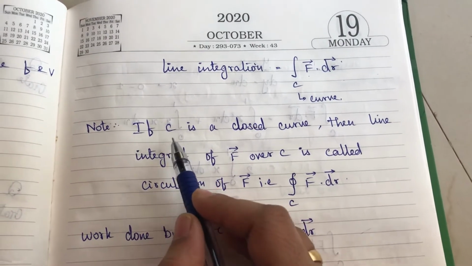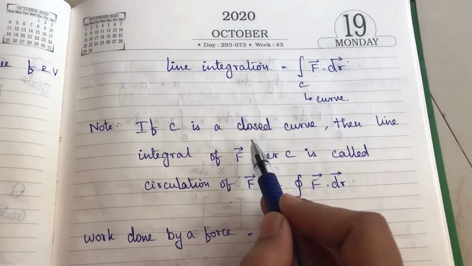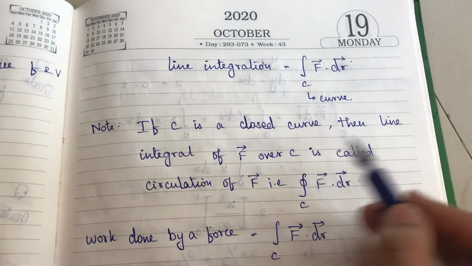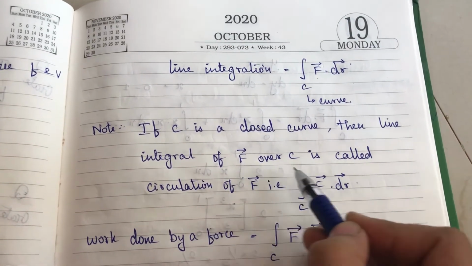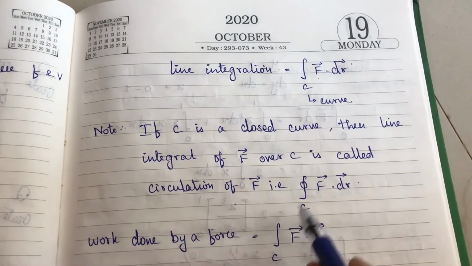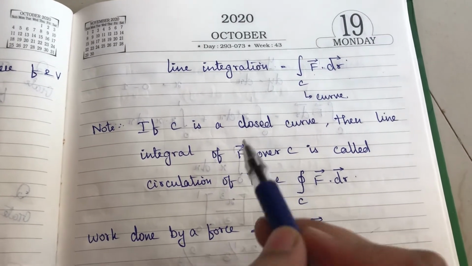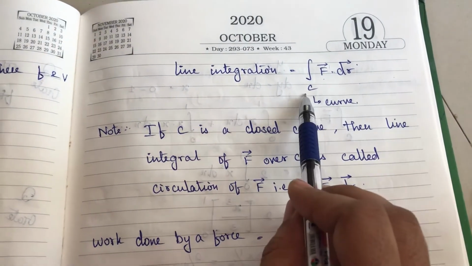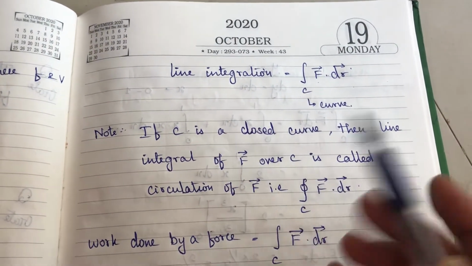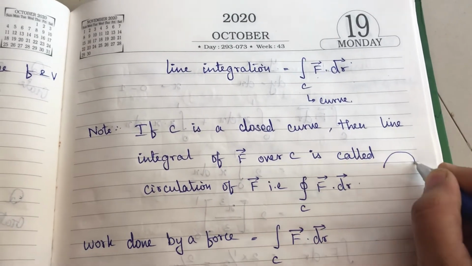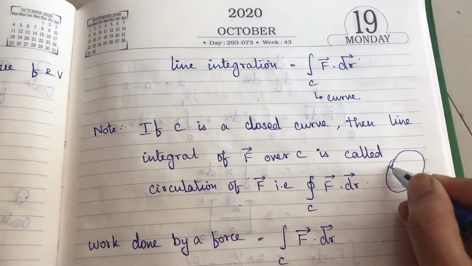And they have given one note. If C, that curve, is a closed curve, then the line integration of f over C is called circulation of f. So the line integration over the closed curve is called circulation, because if we say this is a curve, this is a closed curve.